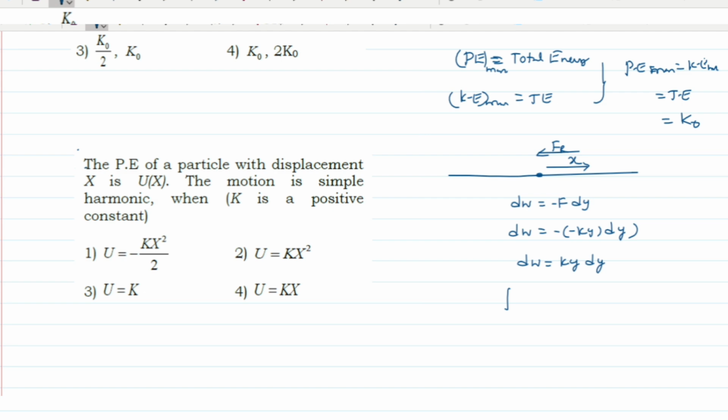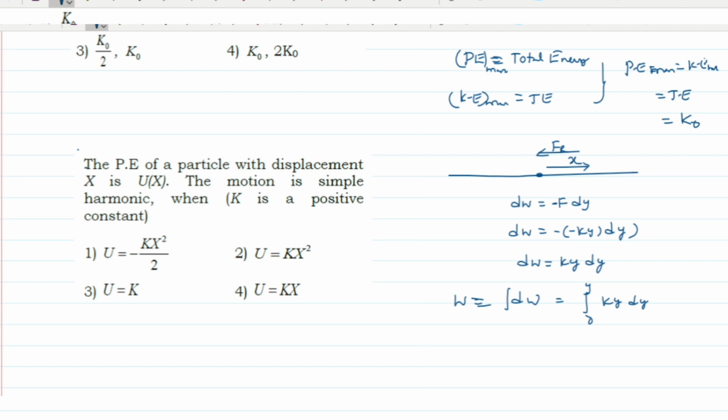So the total work done is the integral of dW, which equals the integral from 0 to y of k into y into dy. Work done equals force into displacement. Both are in opposite directions, so we get a minus value, and the restoring force Fr equals minus ky.